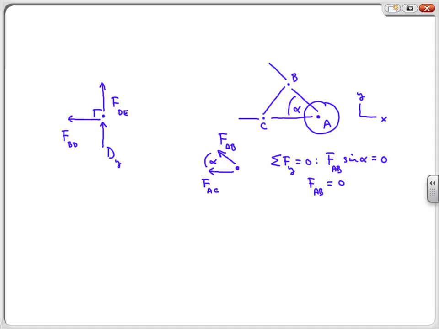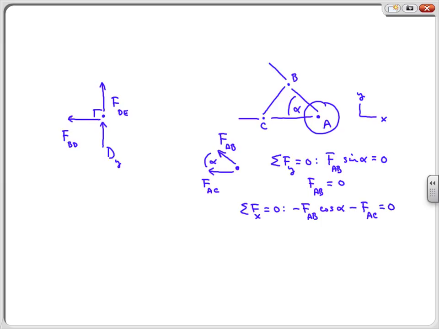And if I sum the forces in the x direction equal to 0, I'm going to have minus FAB cosine alpha minus FAC is 0.